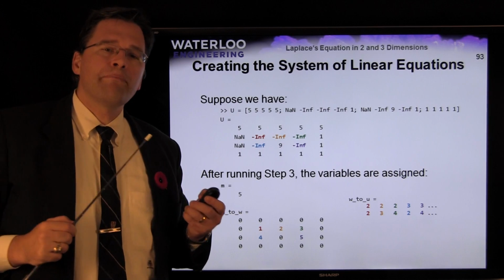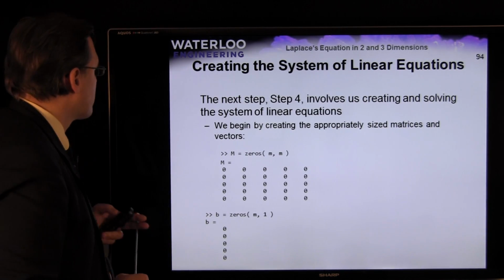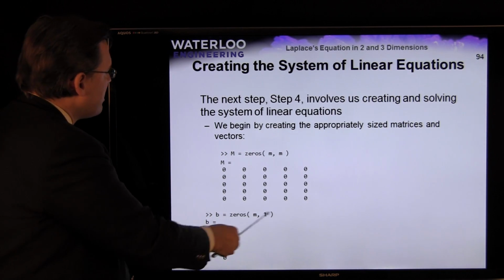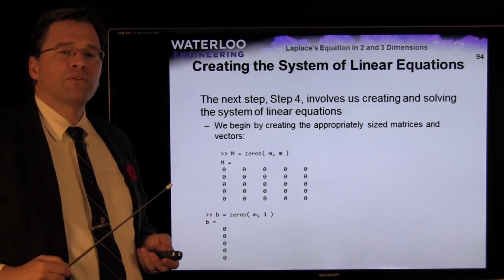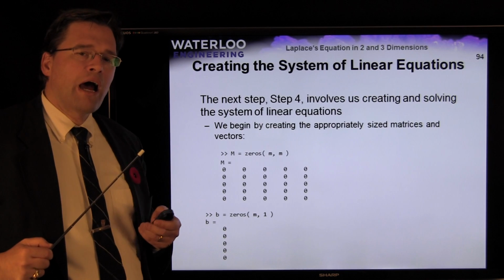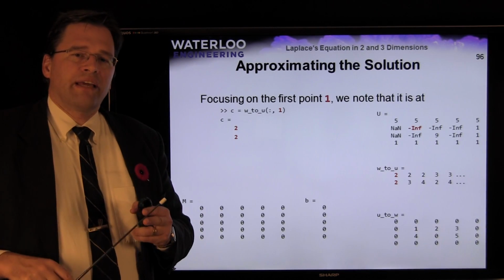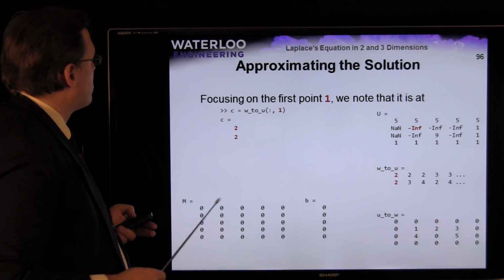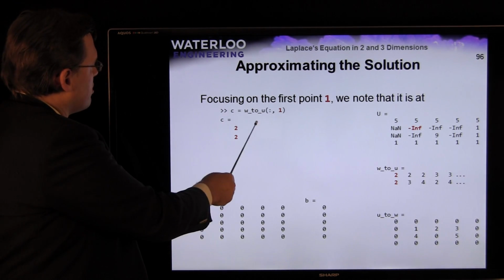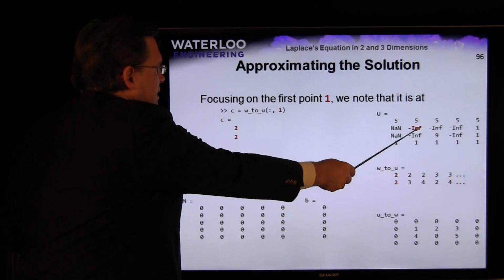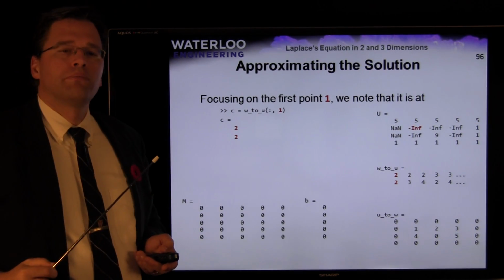That's what these two matrices will allow us to do. Now, the next step is we've actually got to fill in these matrices and vectors. How are we going to do that? We're going to update them by looking at each of the points. So here we're going to go look at our first point. The first point is at location 2, 2.